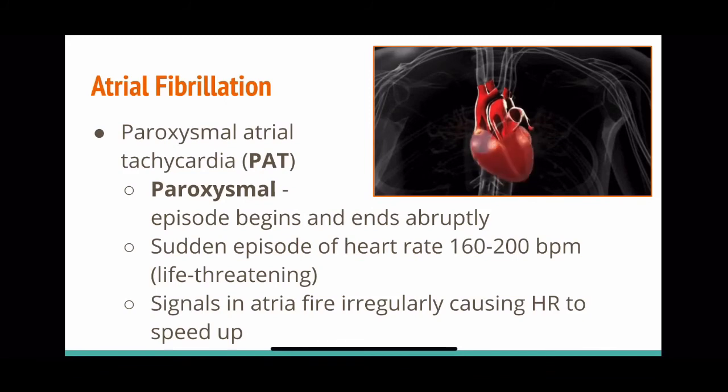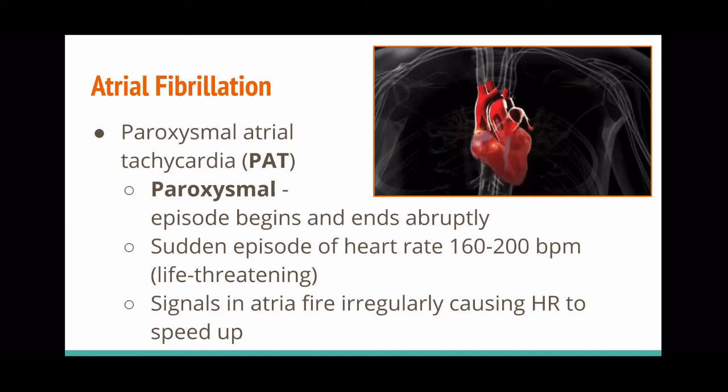The second type of atrial fibrillation is paroxysmal atrial tachycardia. Some of these words are on your word list, and they are hard to pronounce. But first off, the abbreviation PAT, that stands for paroxysmal atrial tachycardia, is one of your abbreviations. Paroxysmal is one of your terms, and that means that the episode begins and ends abruptly, which we talked about in chapter 9.